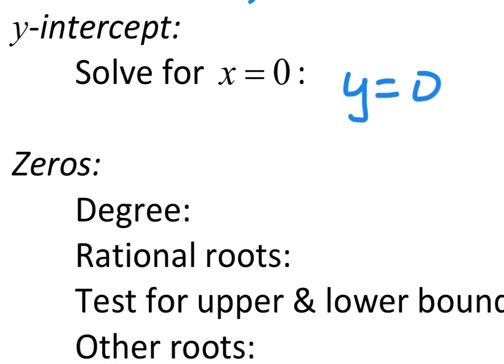The degree of the function is 6, which means that I can have up to 6 x-intercepts. And my rational roots are at -3 and 0.